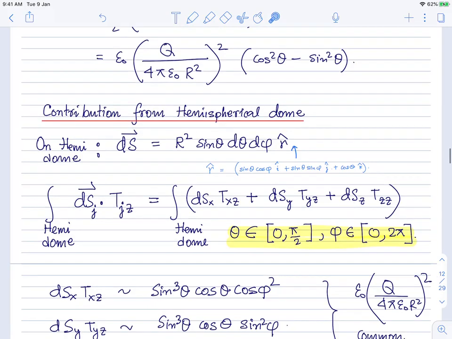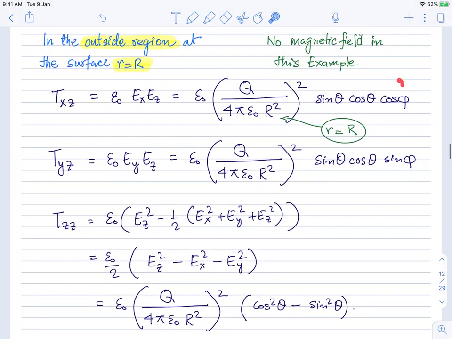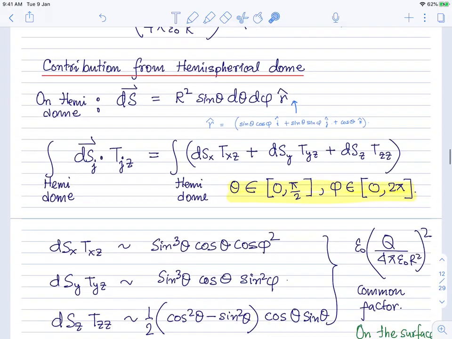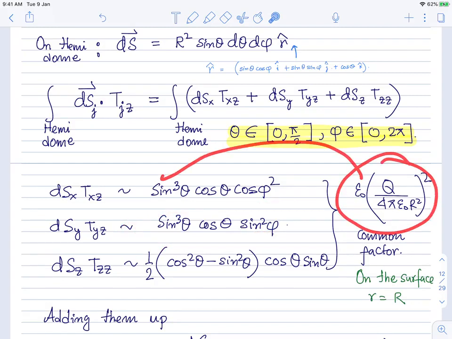One cos phi comes from the r hat in the area element, and the other cos phi is present in txz. Similarly, I've just kept track of the angle terms, that's why I put the tilde here. If you multiply by this factor, this is an exact result on the hemispherical surface.